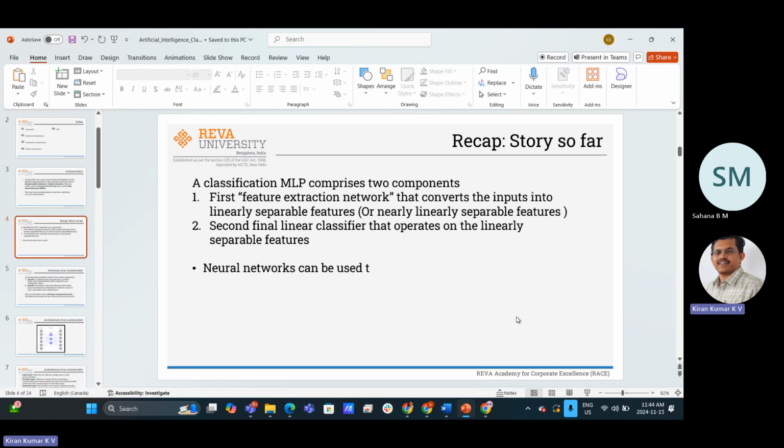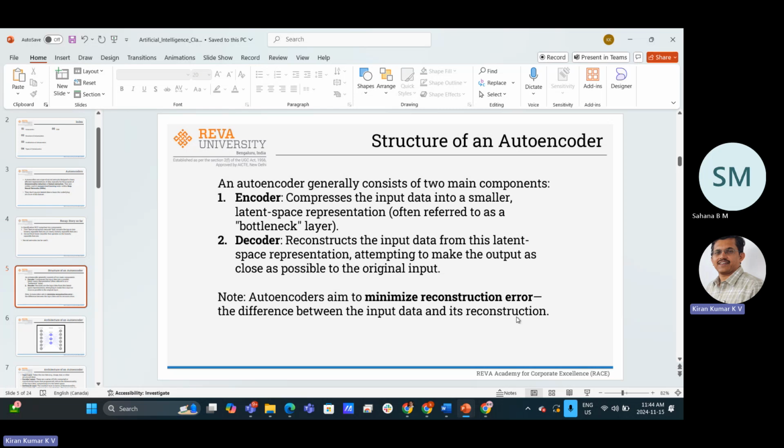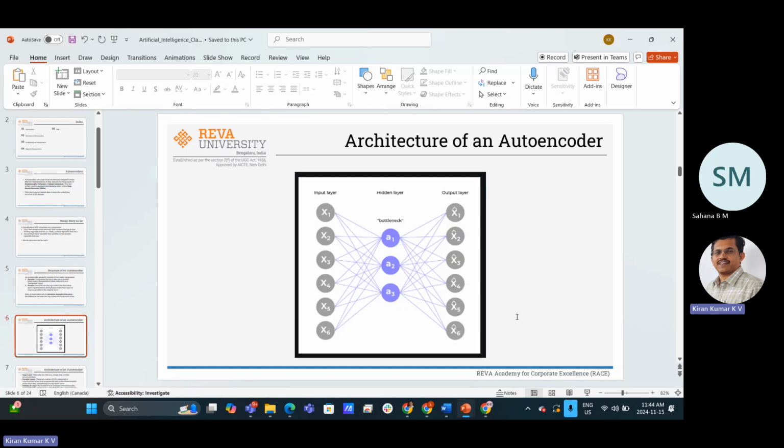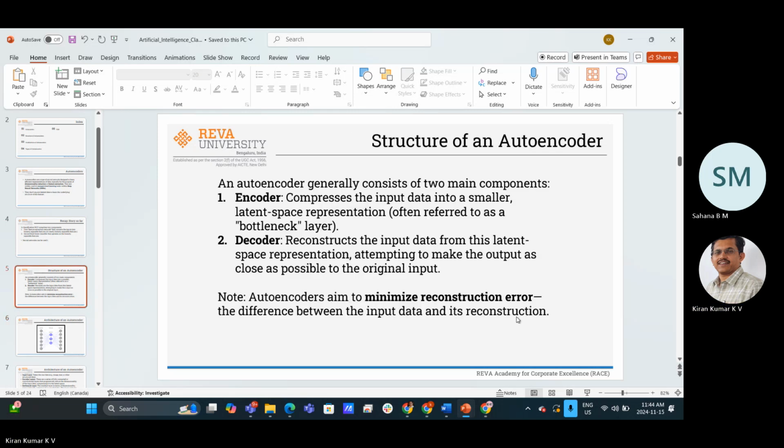So this is autoencoders. The decoder reconstructs the input data from the latent space representation, A1, A2, A3. We call it latent space data also. It attempts to make the output as close as possible to the original input.